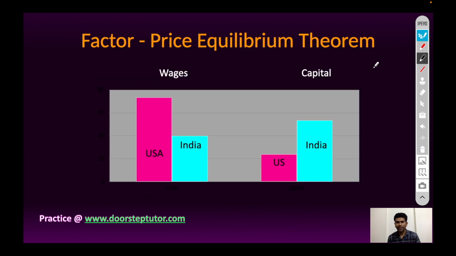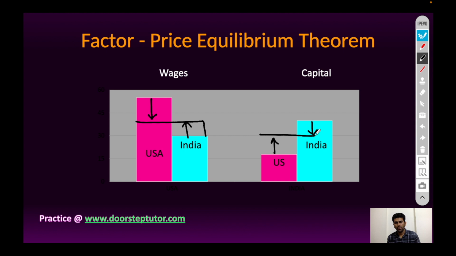So in USA, due to increase in supply of labor, the wage rate reduces, and in India, due to shortage of labor, the wage rate will increase. So it will be in equilibrium. Similarly, in USA, due to shortage of capital, it will be expensive, and in case of India, due to excessive capital, it will be cheap.